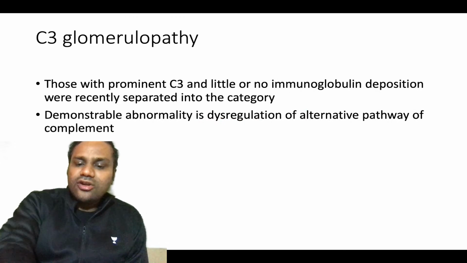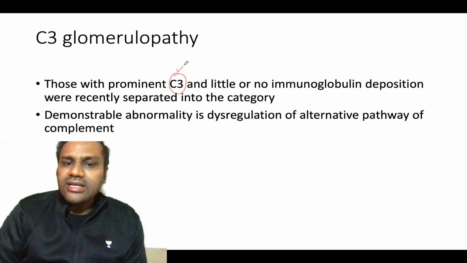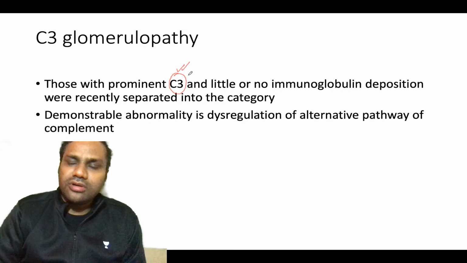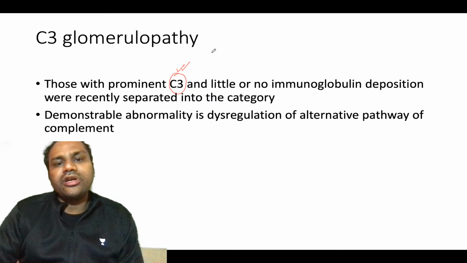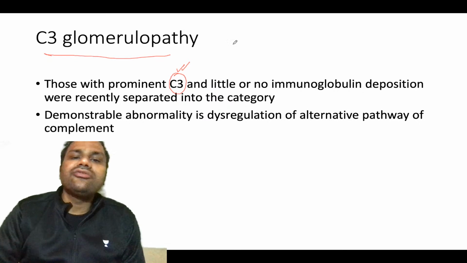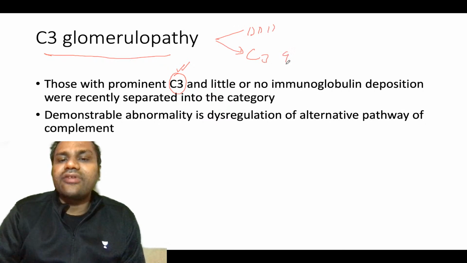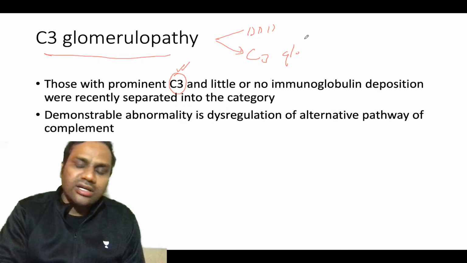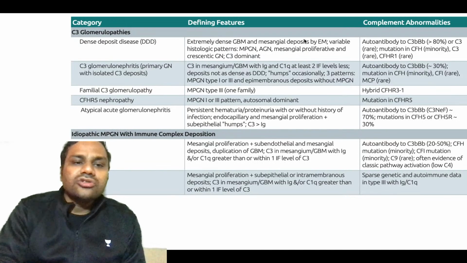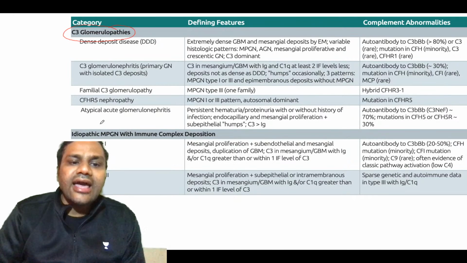And we have talked about C3 glomerulopathy, which shows prominent C3 deposition by IF and EM, but very little or no immunoglobulin deposits, okay. In C3 glomerulopathy you will see dense deposit disease and also C3 glomerulonephritis. So you are classifying this disease into C3 glomerulopathies and MPGN with immune complex deposition.